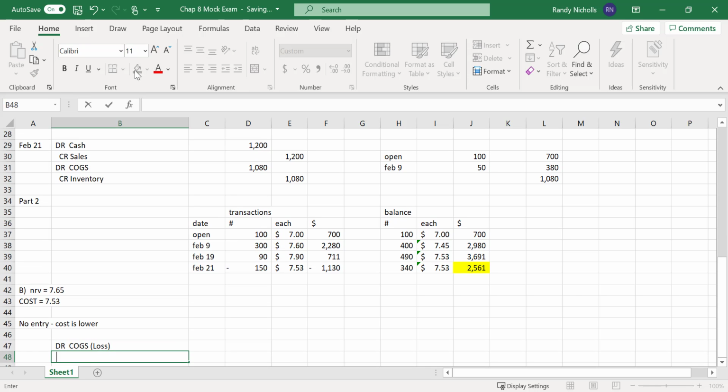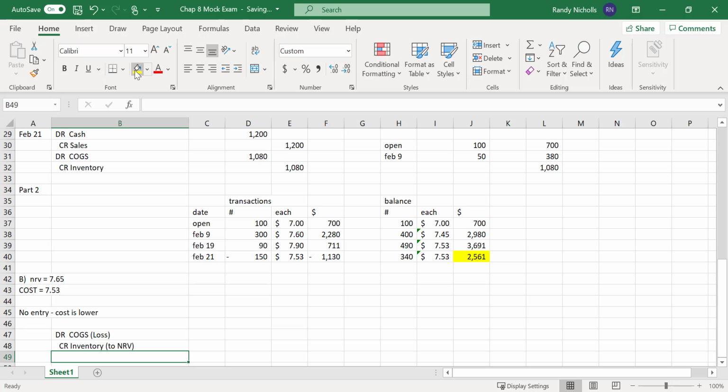And I'm going to have to credit my inventory, to write it down to its net realizable value. Because pretty much any asset I have recorded has to be at the lower of its cost and its NRV, or what it's worth today. Okay, so that's the solution. It is posted. Hopefully that helps, and good luck.